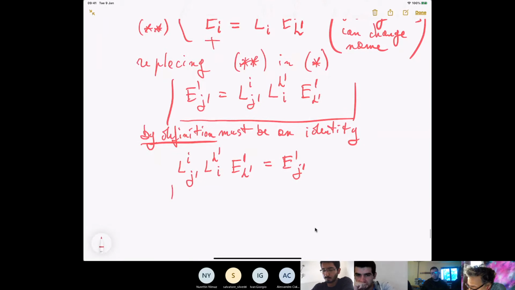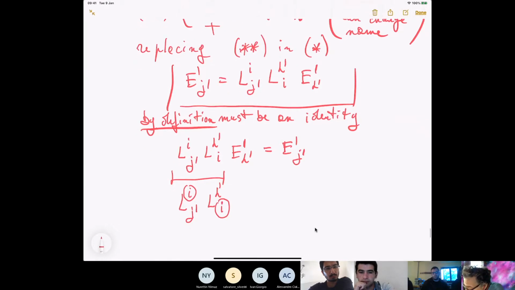So what you have, that L_i^j' L_h'^i, summation over the repeated index i. This is what?